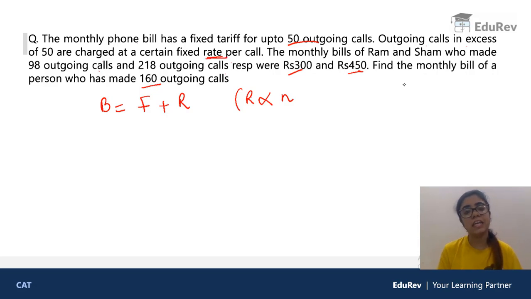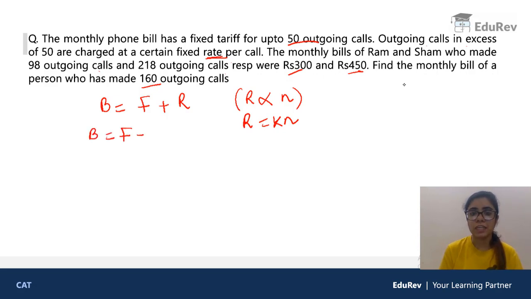So the remaining money is charged depending upon the rate per call. It varies directly proportional to N. So when I remove the variation sign, I have to add a constant. So this is Kn. So my total bill is equal to the fixed money plus Kn. N is the number of extra calls you make.